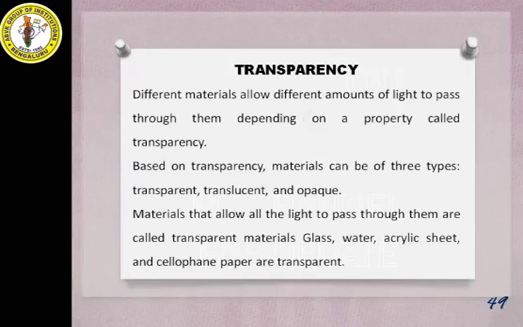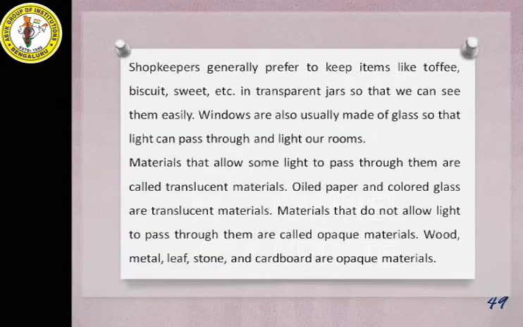If you hold a transparent object and hold a torch next to it, all the light from the torch should pass through that object and come to the other side. Then that object is called a transparent object. For example, shopkeepers generally prefer to keep items like toffee, biscuits, sweets, etc. in transparent jars so that we can see them easily. You have observed, right?